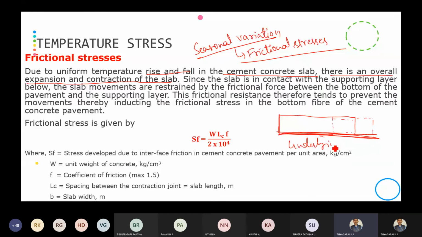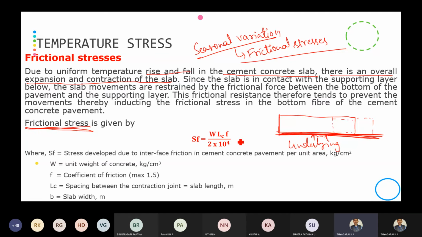Because of uniform expansion and contraction due to the seasonal variation, the frictional stresses are going to develop at the interface between the concrete slab and the underlying layer. That stress we are going to call frictional stresses in the rigid pavement.